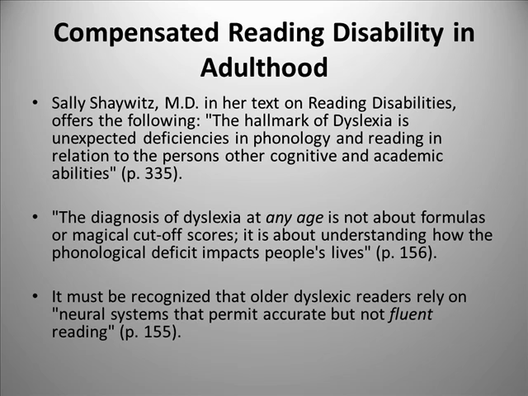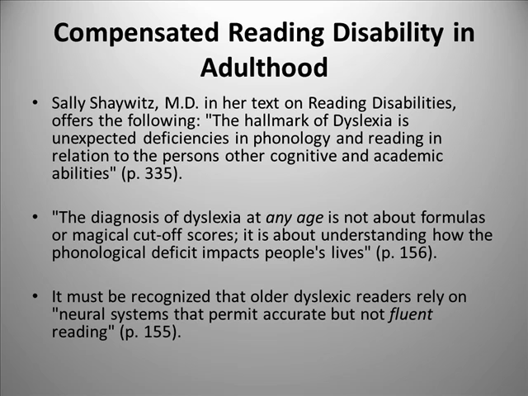She states the hallmark of dyslexia is an unexpected deficiency in phonology and reading in relation to the person's other cognitive and academic abilities. The diagnosis of dyslexia at any age is not about magical formulas, a cutoff between your IQ and your level of performance on a standardized achievement test.